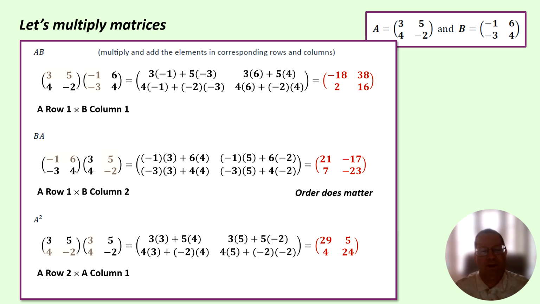Do the same for all the other pairs of rows and columns, and notice that the answer is not the same as AB, again confirming that multiplication is not commutative. The order does matter. And then A squared, timesing A by itself, I've done A row 2 and A column 1. So that's 4 times 3 plus negative 2 times 4, and the answer for that is 4.